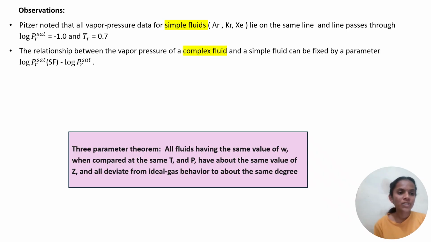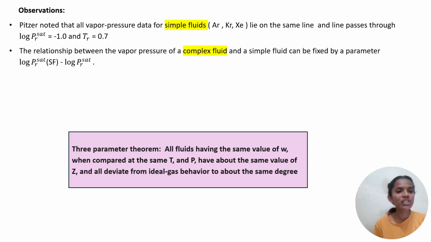The observations for the above graph. Pitzer noted that all vapor pressure data for simple fluids like argon, krypton, xenon lie on the same line, and this line passes through reduced pressure equal to -1 and reduced temperature equal to 0.7.